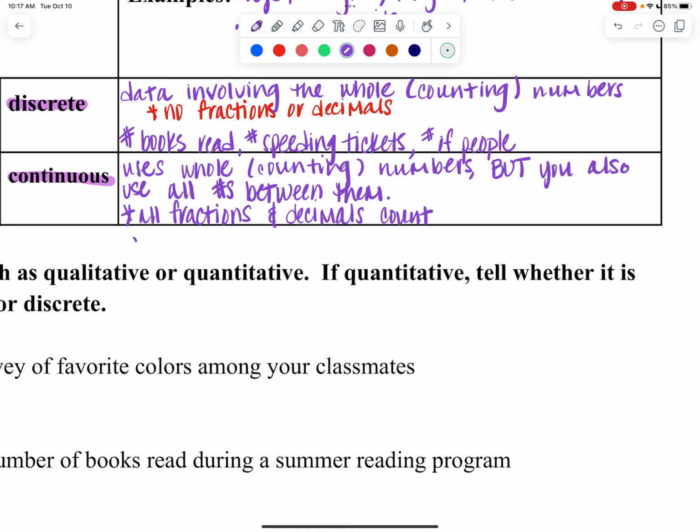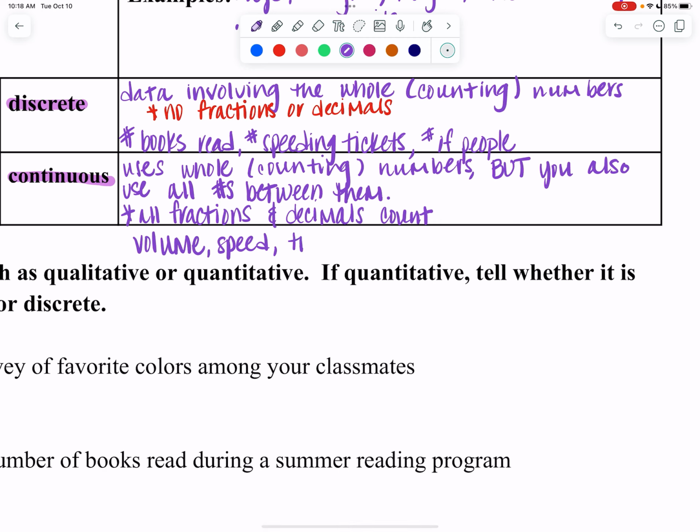So volume. You can drink half of a 1 liter soda. Speed. It is possible to travel 53.4 miles per hour. If you watch a baseball game where they clock the speed of the pitches, sometimes you'll see decimals there.